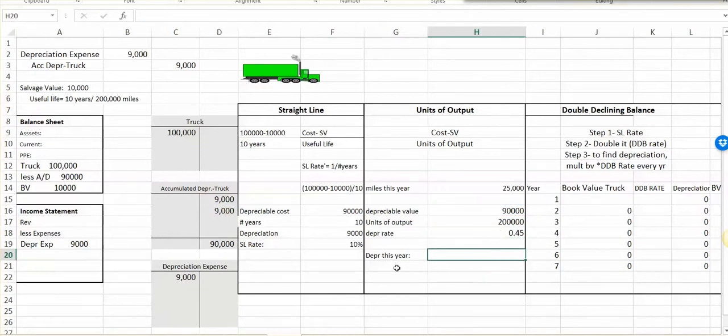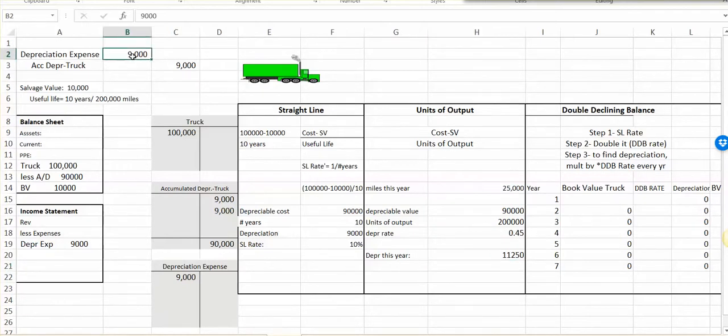So to figure out depreciation this year, because it's based on miles, you have to know how many miles you drove the truck this year. So the way you figure out depreciation is 25,000 miles were driven this year times a depreciation rate of 45 cents per mile. Your depreciation for this year will be 11,250.